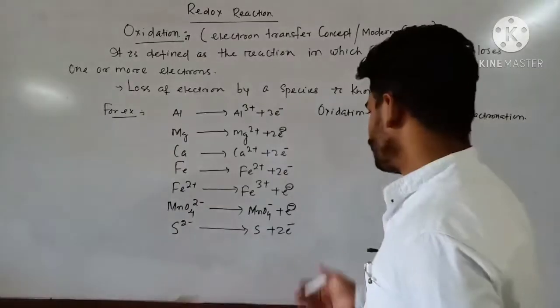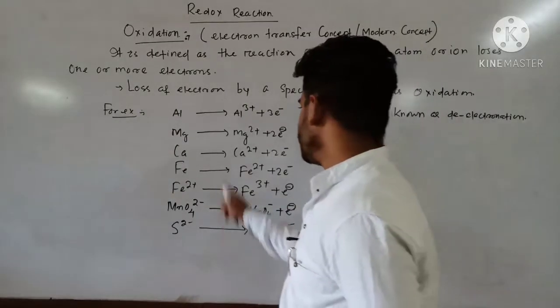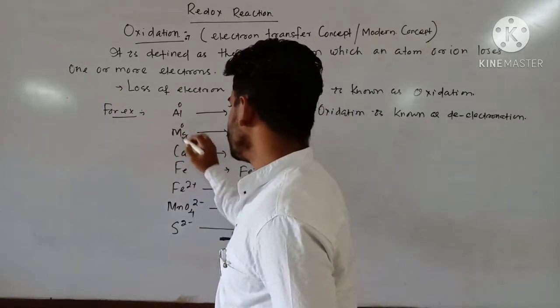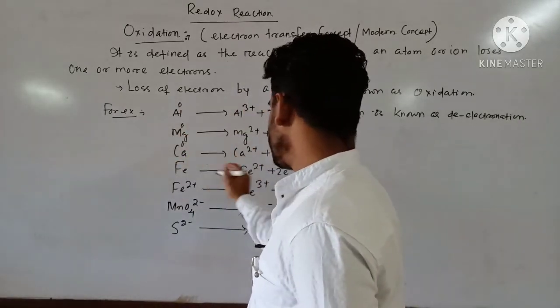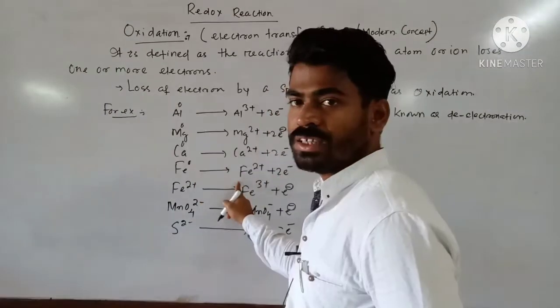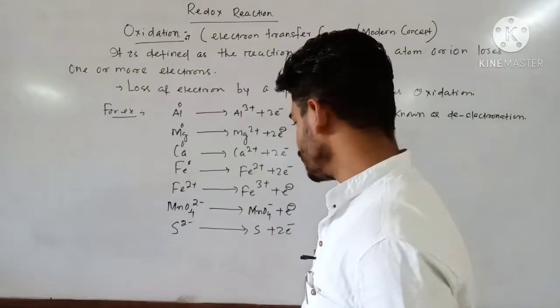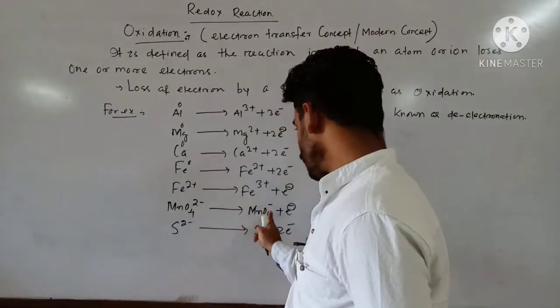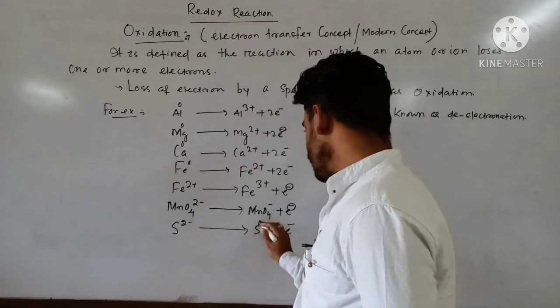So simply you can see over here there is an increase in positive charge. Here these are free elements having charge 0. So 0, 2+, 2+, 0, 2+, 2+, 2+, 3+, that means an increase in positive charge is also known as oxidation. Conversely, here you see there is a decrease in negative charge, 2-, 1-, 2-, here 0.